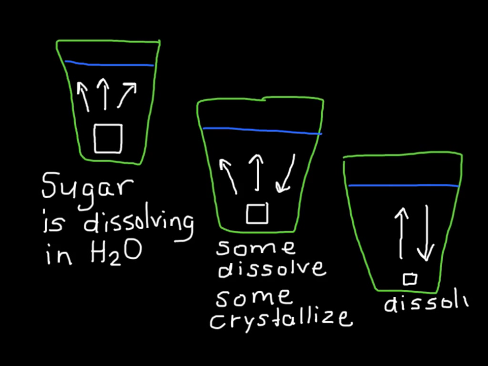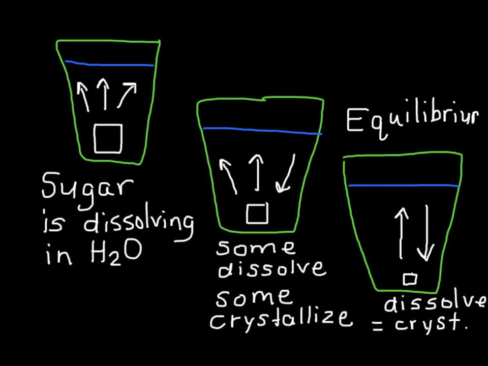So dissolving is equal to crystallizing at this point. And we've used this word before, but this is what we call equilibrium. We have opposite processes at equal rates.